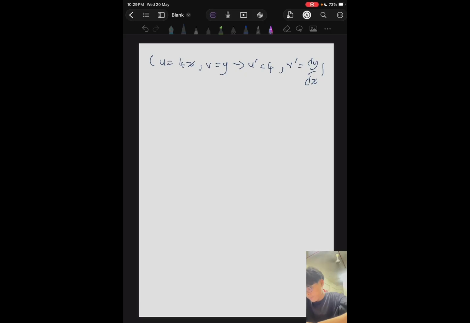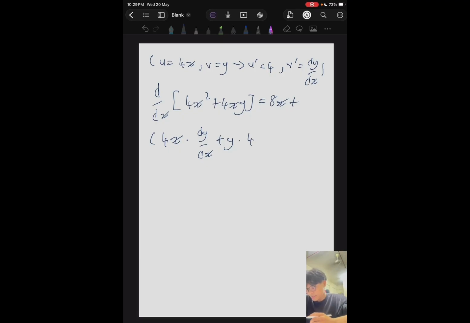Now let's move for the next step. d over dx equal to x plus 4x dy over dx plus y times 4.